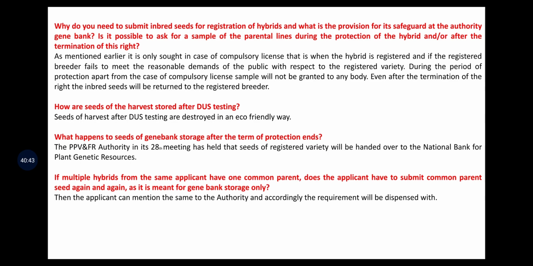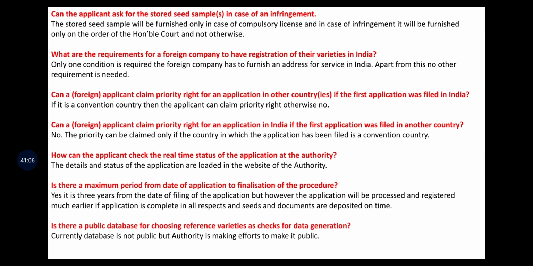If multiple hybrids from the same applicant have one common parent, does the applicant have to submit common parent seed again and again as it is meant for gene bank storage only? The answer is, the applicant can mention the same to the authority and accordingly the requirement will be dispensed with.